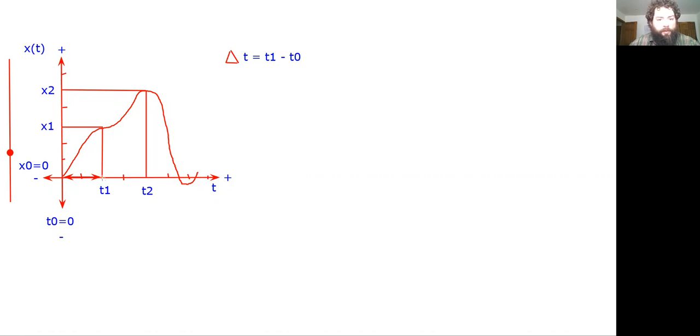So this is going to be 2, and this is going to be 0. So that delta t is going to equal 2 minus 0 equals 2. Okay, and then delta x.